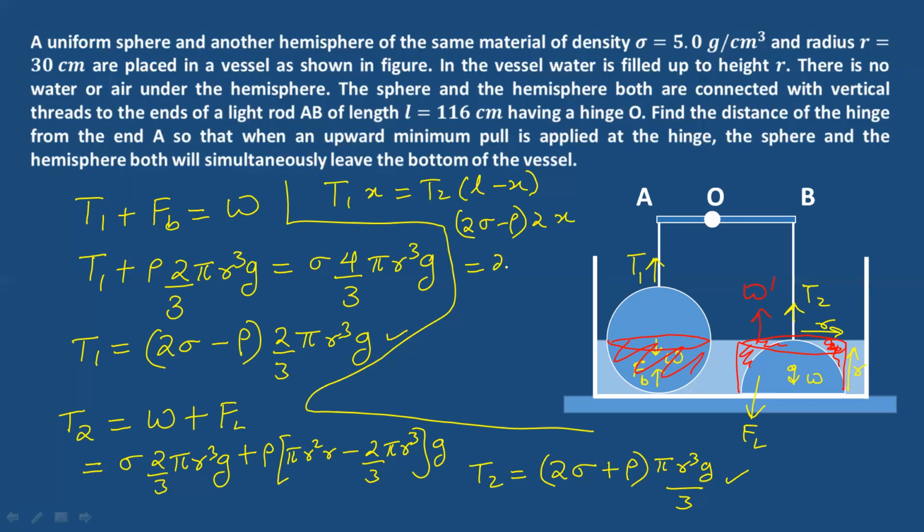The only thing remaining in T2 would be (2 sigma plus rho) times L minus X. All right. So all you need to do is plug in these values.